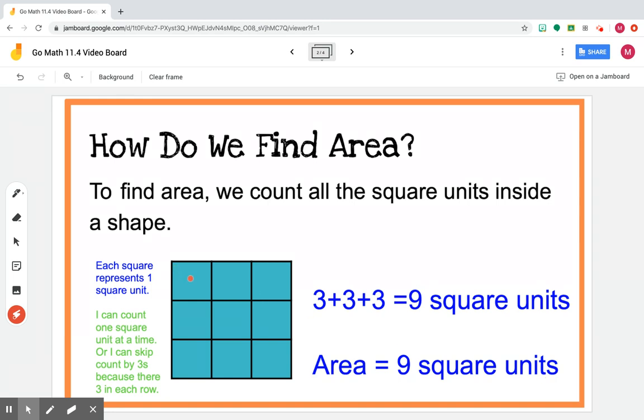I could also have said 3, 6, 9, or done 3 plus 3 plus 3 equals 9 square units. And you want to remember that when we're doing area, it's always square units or square inches or whatever the unit is.